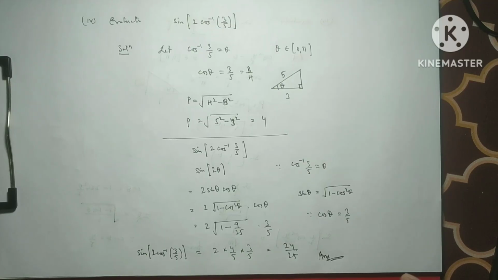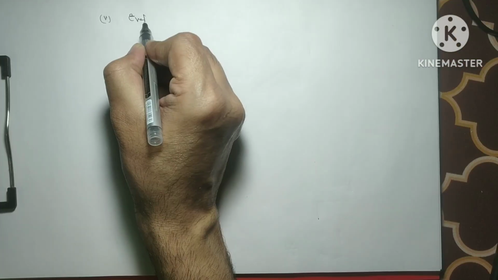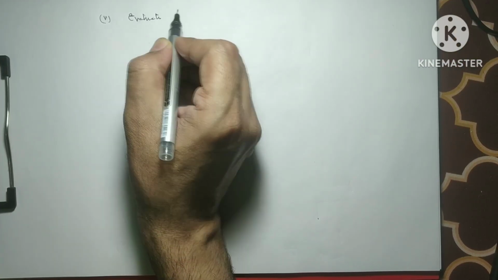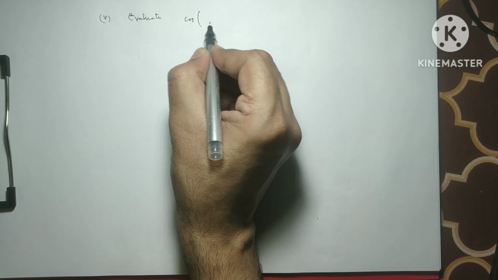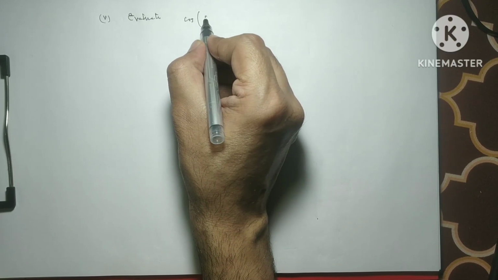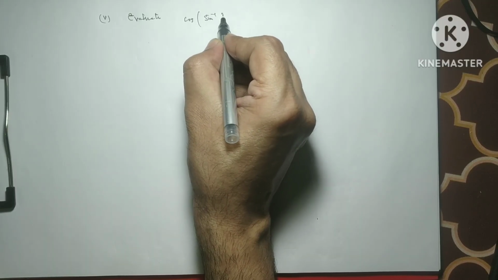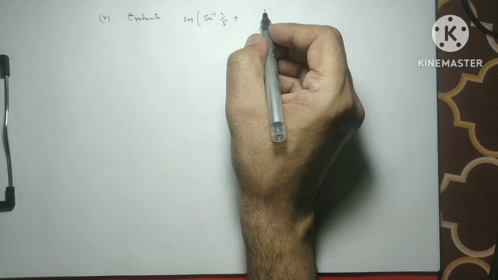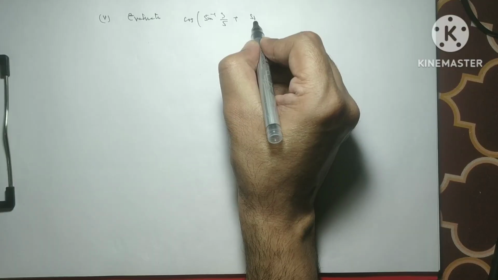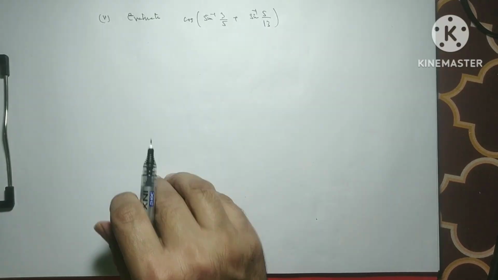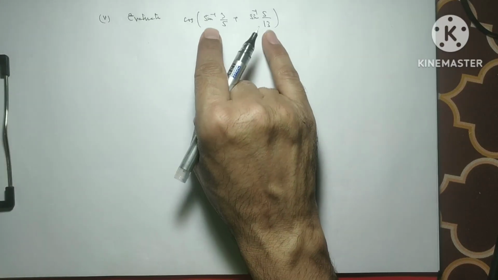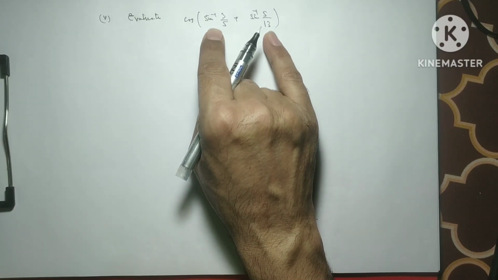This is the answer. Now next question, evaluate cos of sin inverse 3 by 5 plus sin inverse 5 over 13. So right now we have two different sin inverse.